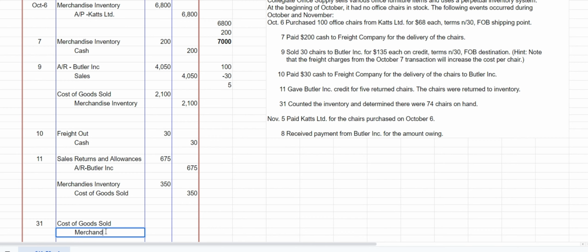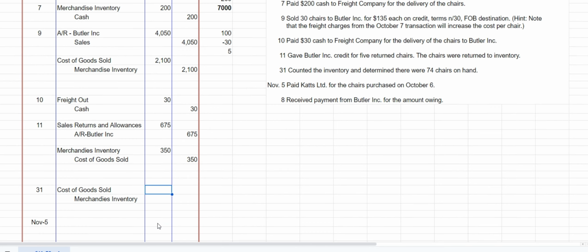Since you lost 1 chair, and remember 1 chair costs $70, cost of goods sold is 70, and merchandise inventory, you lost $70 worth of office chairs.